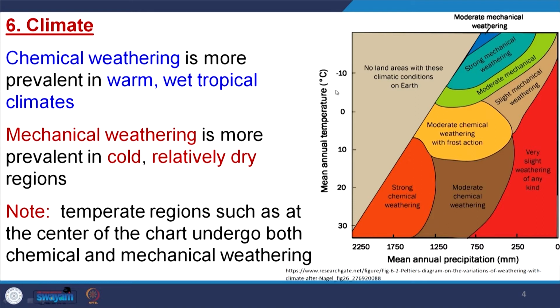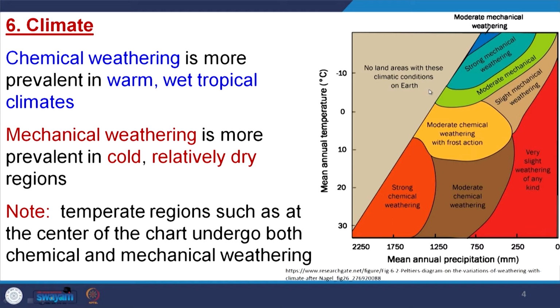If the temperature is much less than 10 degrees, and the rainfall is highest, 20 to 50, there is no land area on earth with such climatic conditions. If you analyze present day climatic conditions and fit them on this graph, you will not find this type of climatic condition.